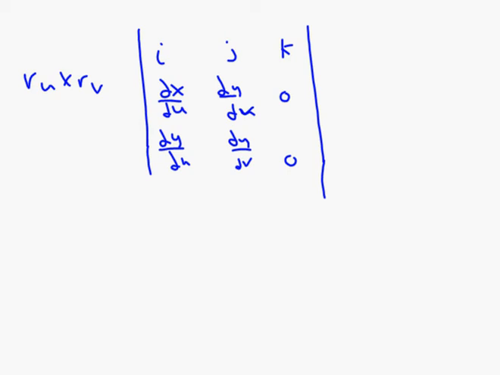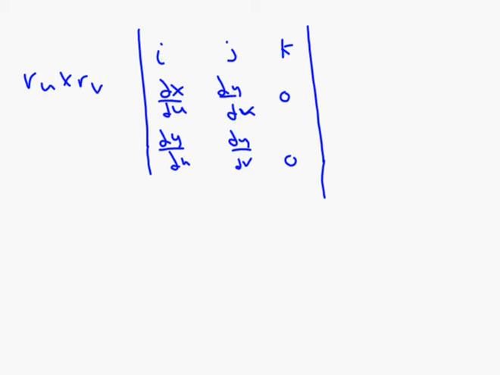We know how to find that determinant. Now, determinants are done the following way. You take i and you multiply it by its minor. Its minor would be the matrix that's left over when you cross out the column and row that i is in. But this determinant is 0, because you're going to have 0 minus 0. So that doesn't count for anything. And then you're going to do the same thing here. You cross out the j row and column, and the thing you're left with is partial x partial u times 0 minus partial y partial u times 0, which is going to be 0.